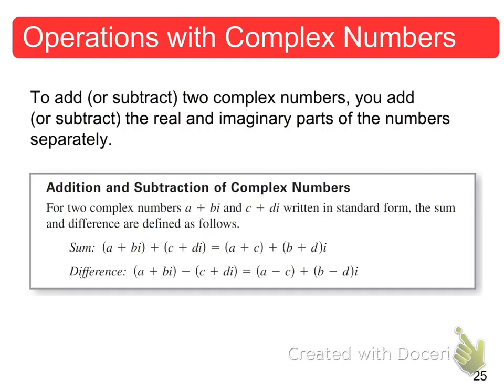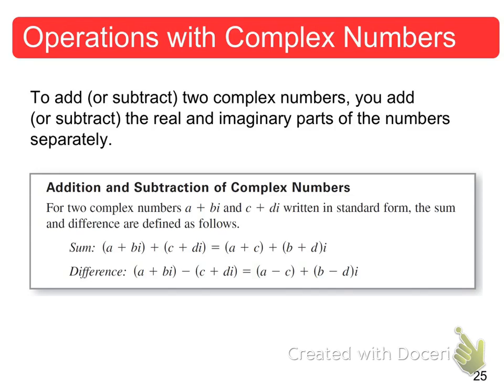Now, if we are talking about addition and subtraction, you can add and subtract complex numbers the same way that we add and subtract like terms. Your constants can be added together, and your i's can be added together.